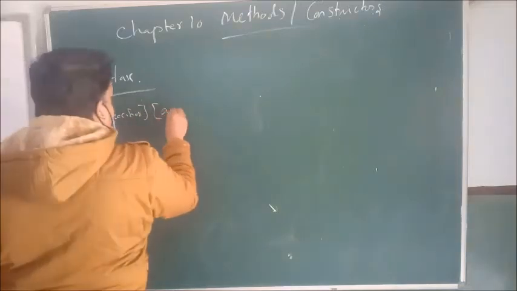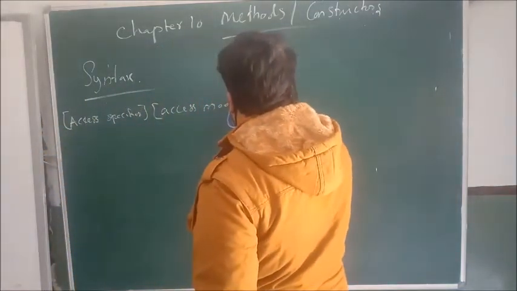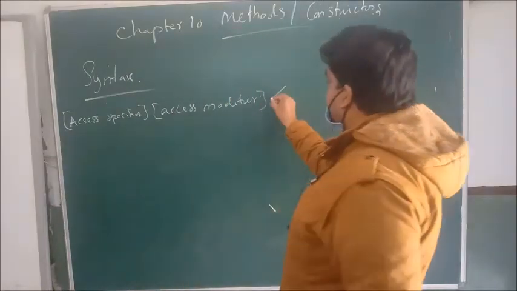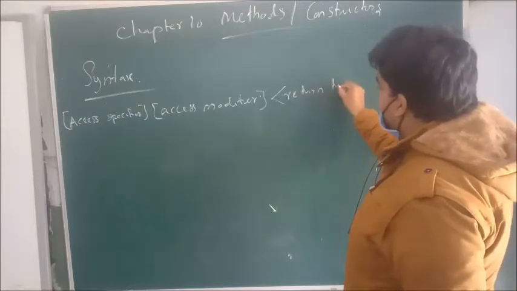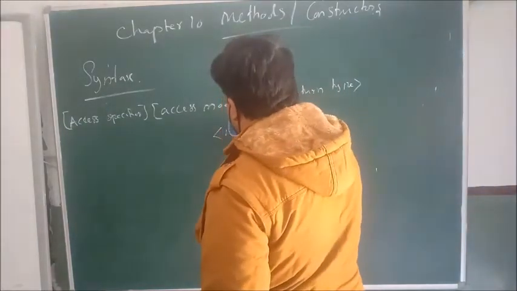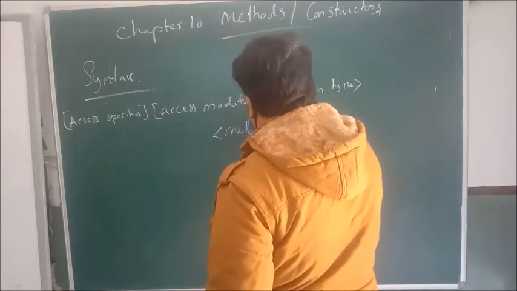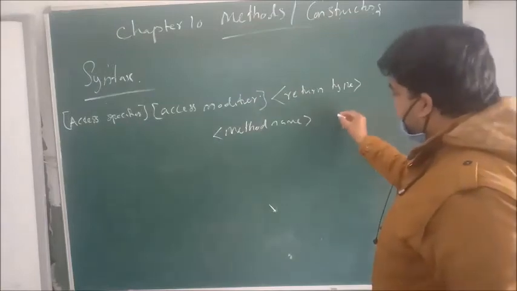Then we have the access modifier. Then return type. Then method name. Then parameters.